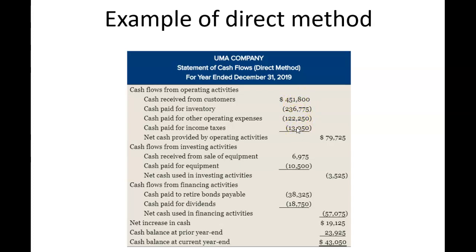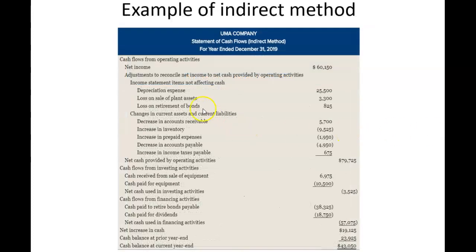It's useful information. Look at the indirect method. You start out with net income and you make some adjustments for items that do not affect cash, and then you tell the users of the financial statement the change in your current assets and current liabilities.